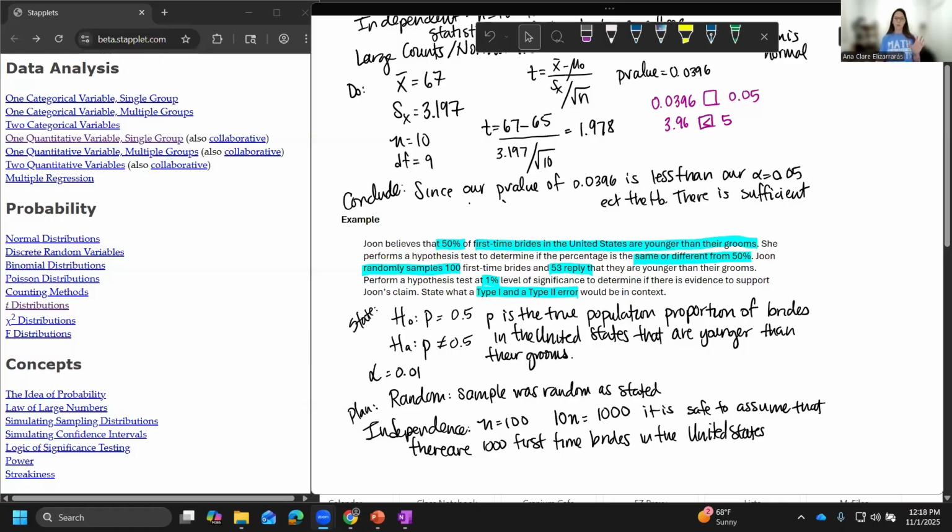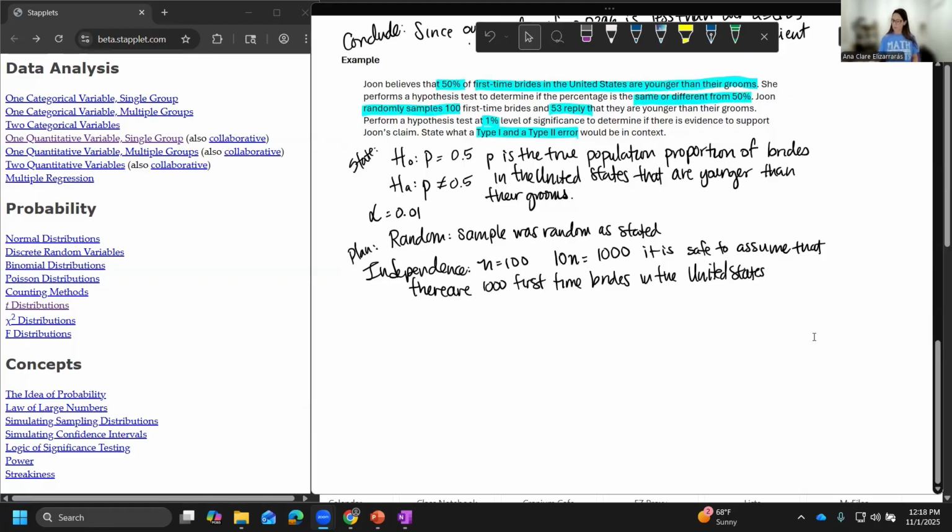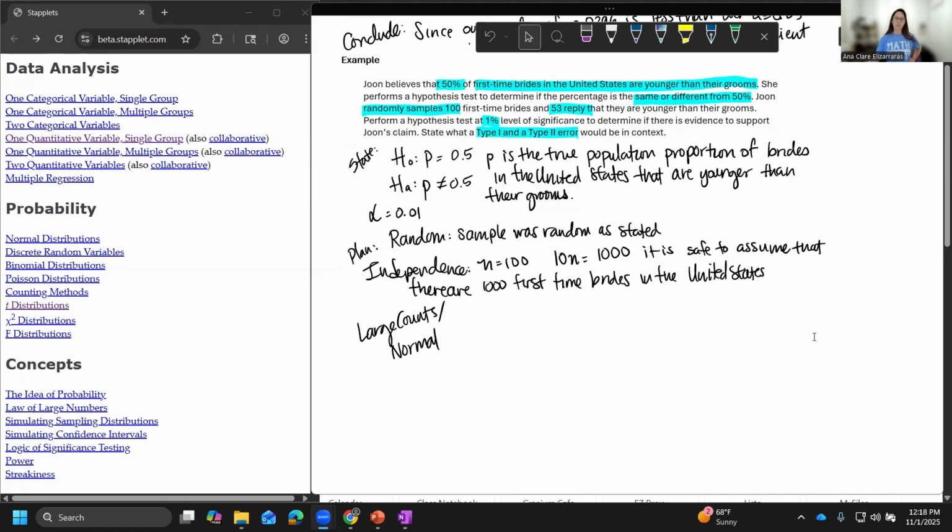For normal large counts, we have to remember that this is hypothesis testing, and we're looking at what we would expect to happen. We need to be comparing successes and failures that are expected, which means we are using the hypothesized value when comparing to 10.